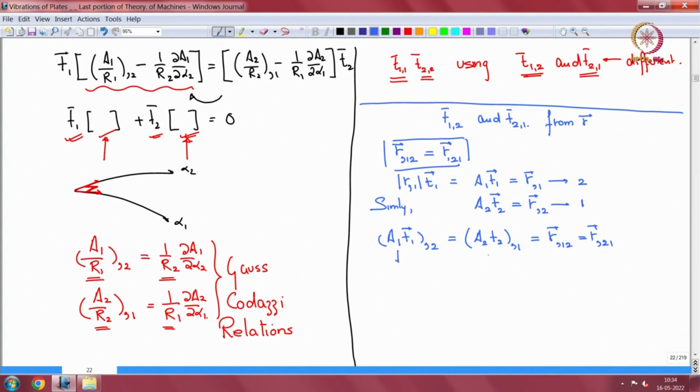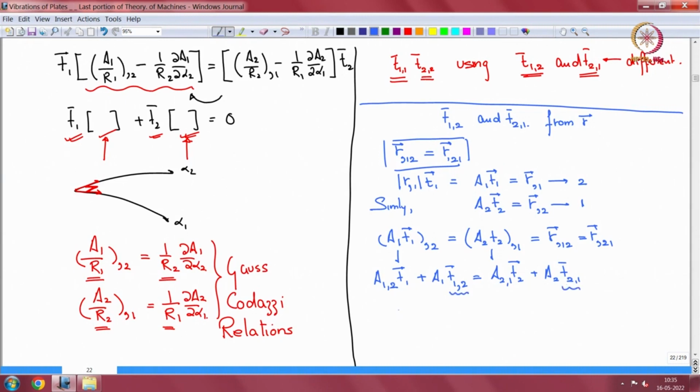Now, if we carry out the differentiation, A1 comma 2 T1 plus A1 T1 comma 2 is equal to A2 comma 1 T2 plus A2 T2 comma 1. Now from here I can get T12 or T21.